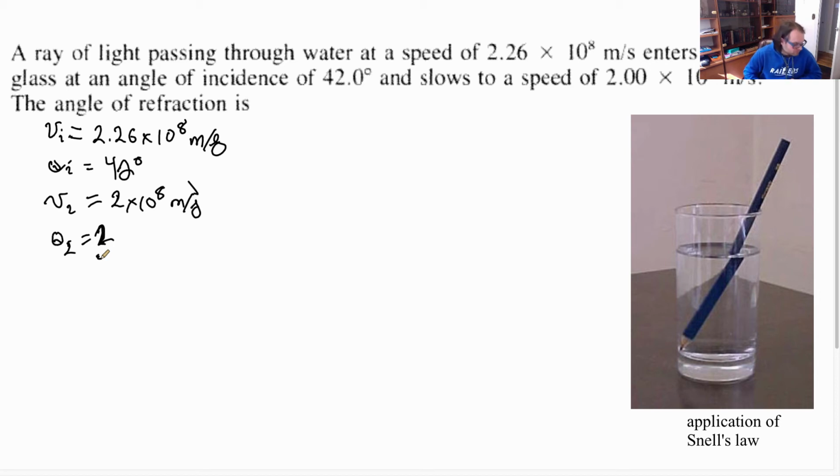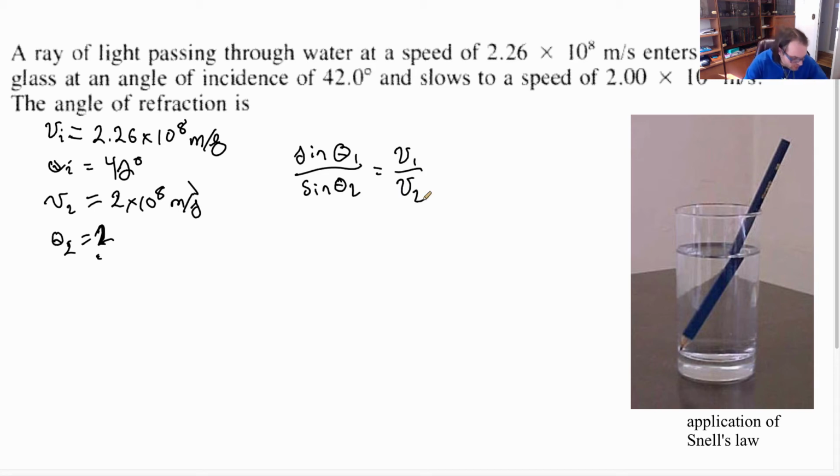So we're going to start using Snell's law for this. So I'm going to end up putting down sine 42, or sine theta 1 over sine theta 2 is going to be equal to my velocity of my incidence divided by my velocity of my refraction.